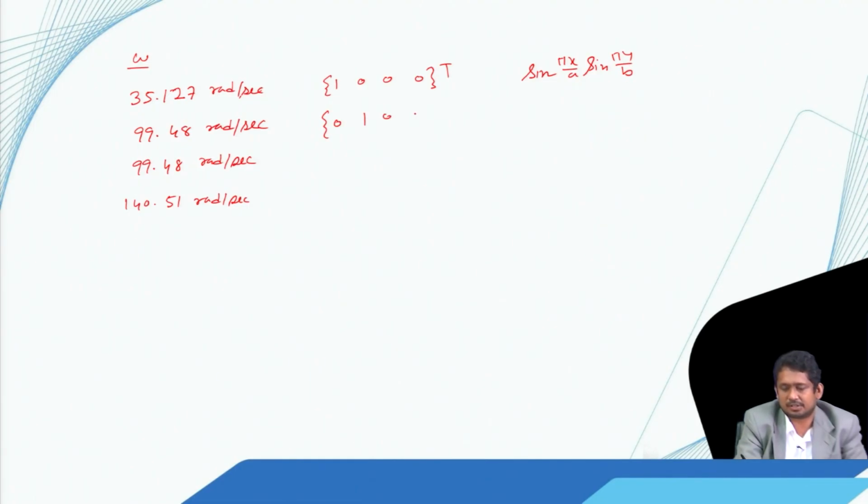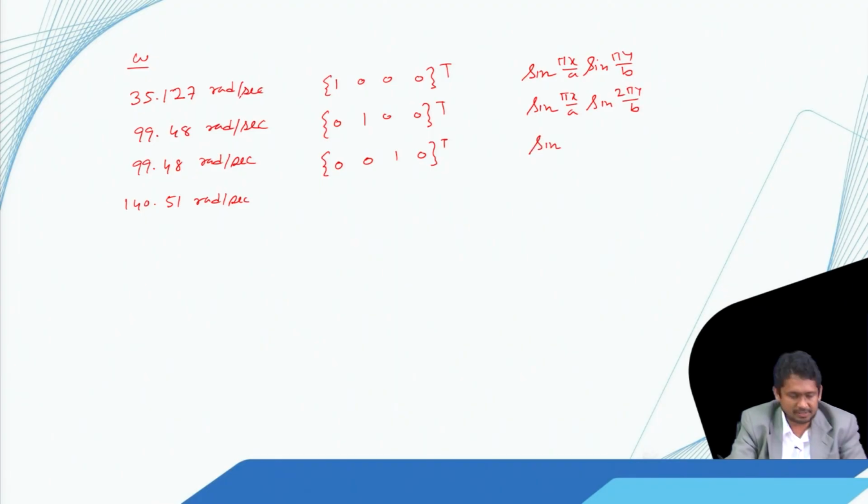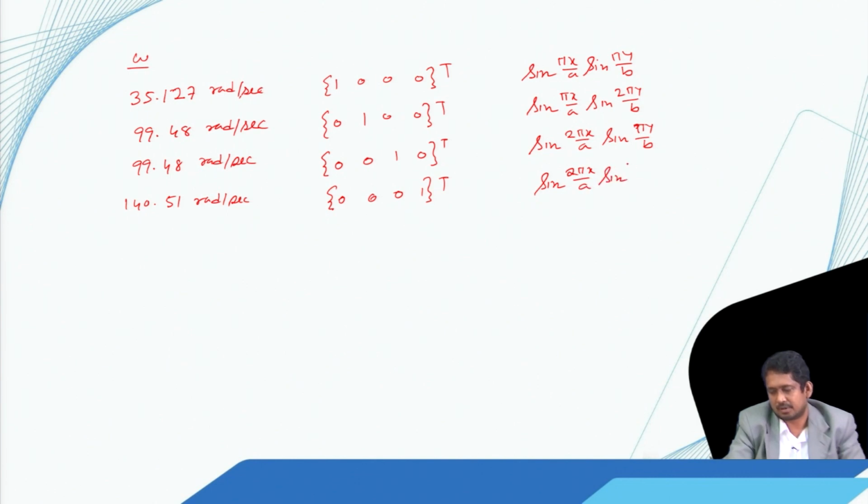For the next one 0 1 0 0, the corresponding eigenvector is sin pi x by a, sin 2 pi y by b, and here we get 0 0 1 0 transpose, and the corresponding eigenvector is sin 2 pi x by a, sin pi y by b, and we have 0 0 0 1 transpose, and we have sin 2 pi x by a and sin 2 pi y by b.